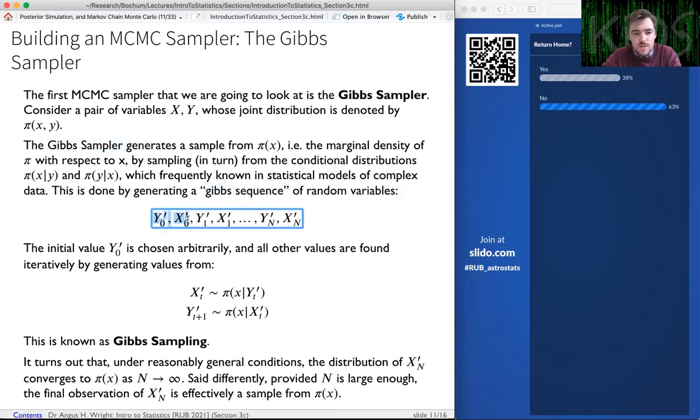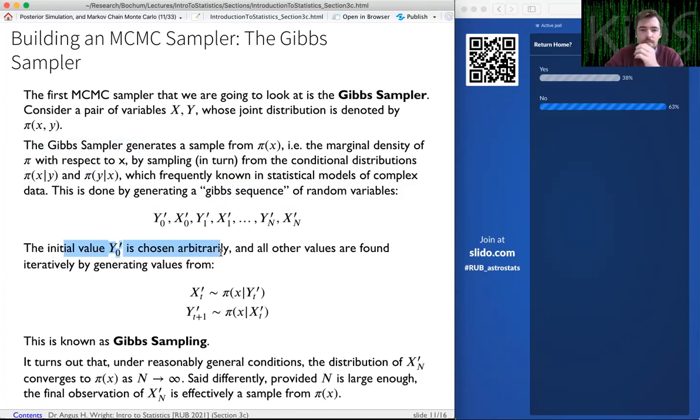It starts off with some initial values, y prime 0 and x prime 0, and then gives us a sequence of y1 prime, x1 prime, y2 prime, all the way through to the end. Even if we choose the initial starting points arbitrarily, we end up with samples that are drawn from the target distribution pi of xy.